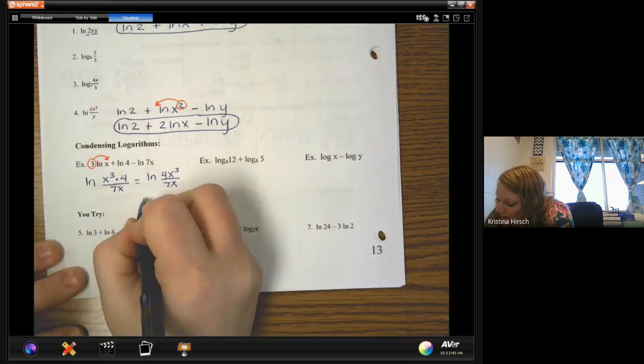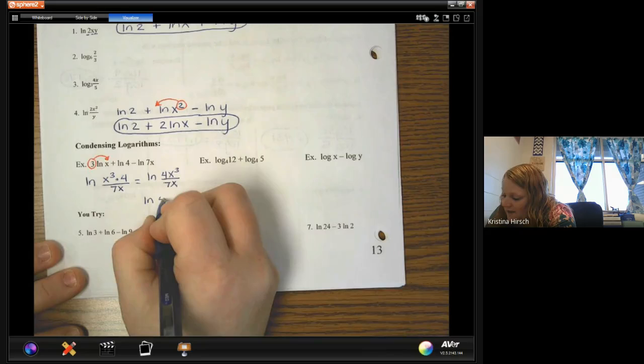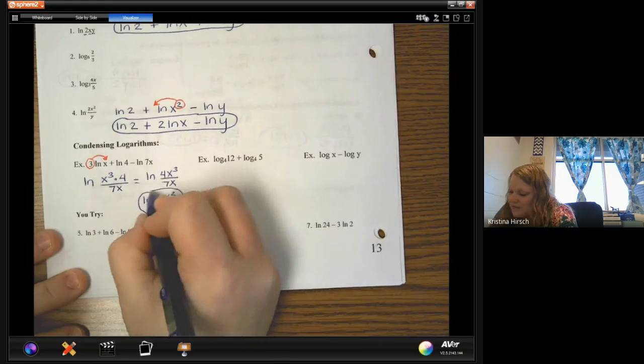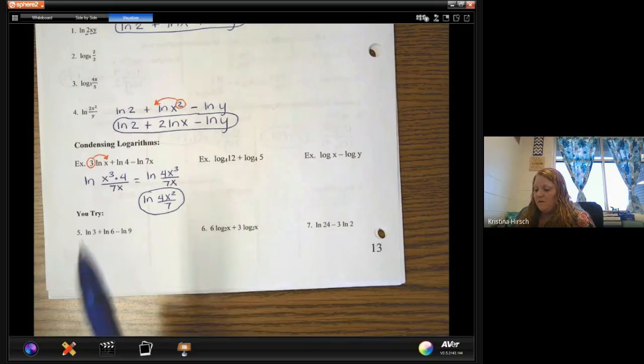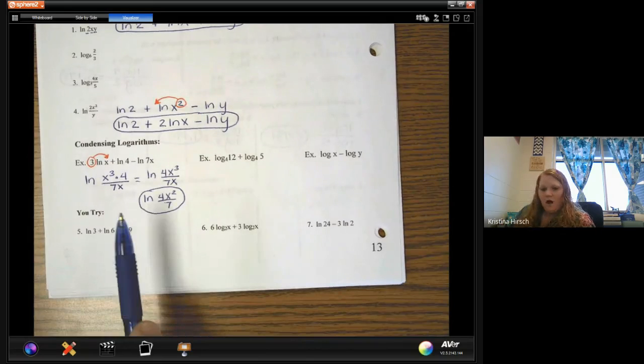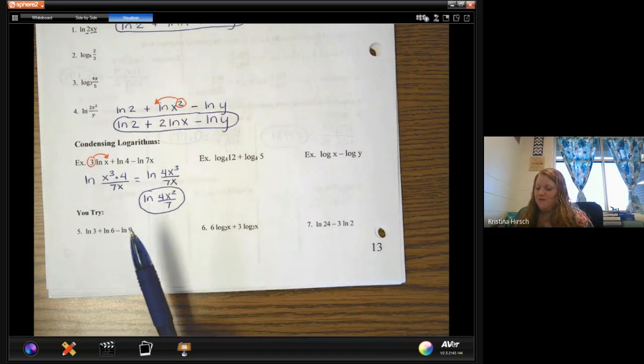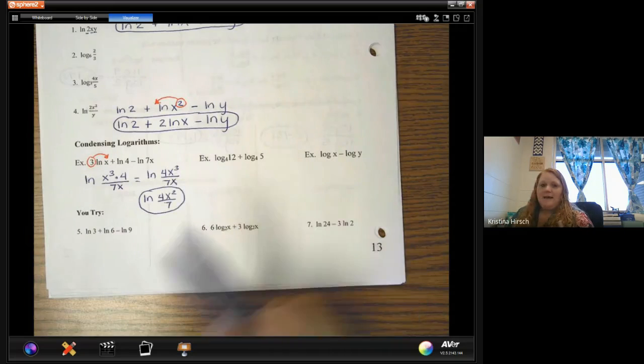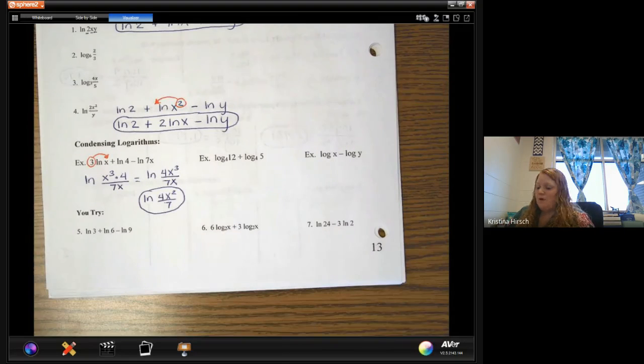So we're going to rewrite that again, the ln of 4x squared over 7. And then this would be our final condensed answer. So remember, you're writing the ln or the log one time, because we're condensing it down. But you do want to simplify anything that can be simplified.